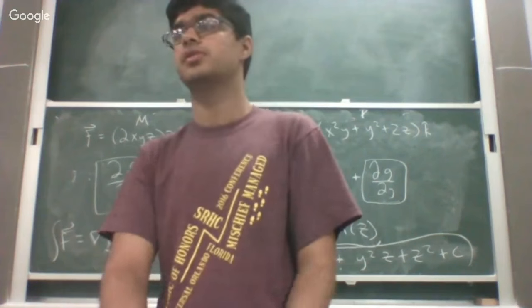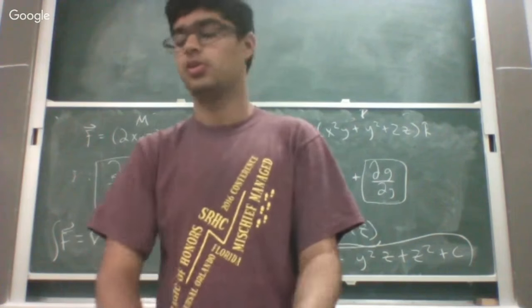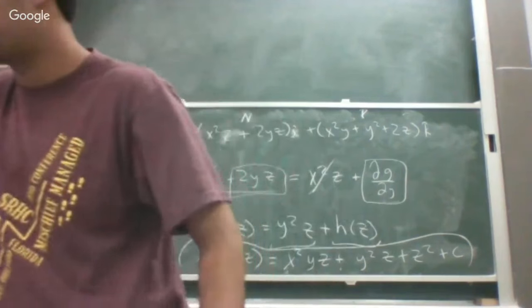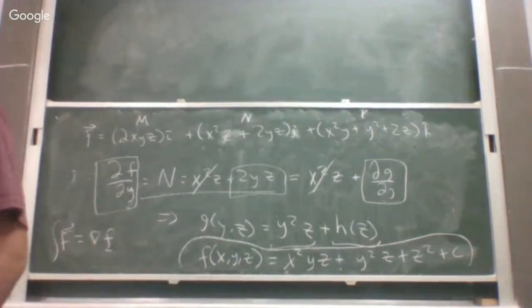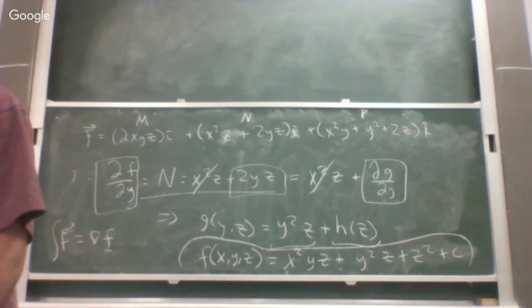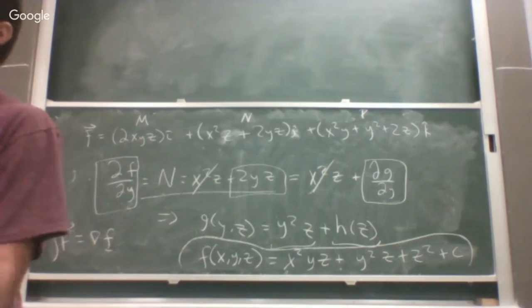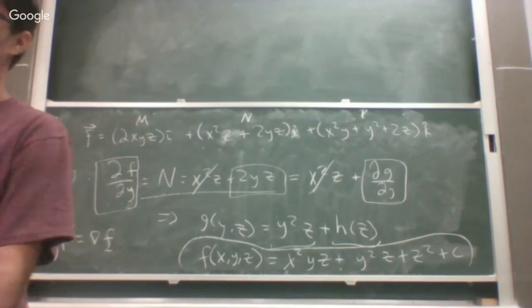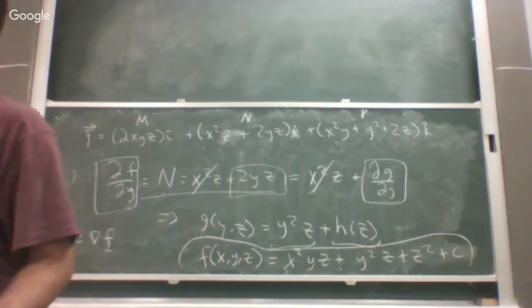Did that make sense? On the old exam, with the outward and the inward flux, you have to do it along each curve going from one point to the next. You can't just skip ahead from the beginning to the end.